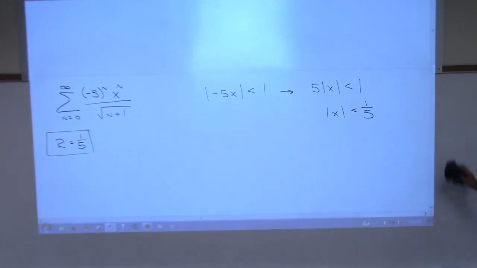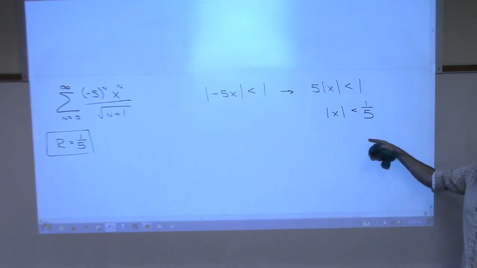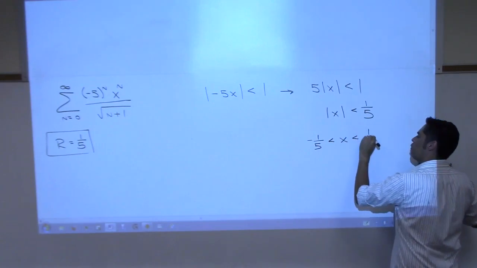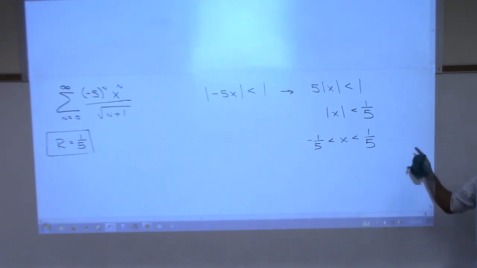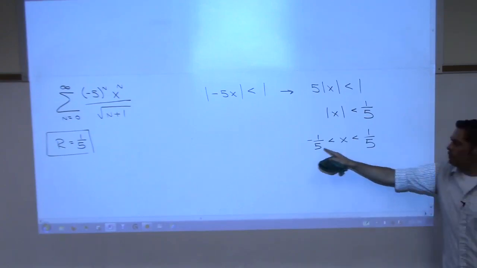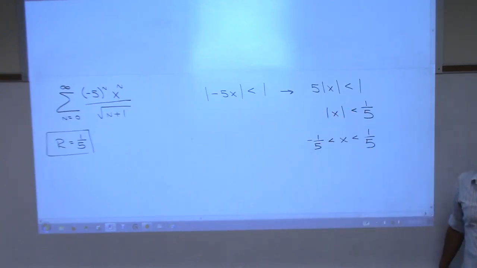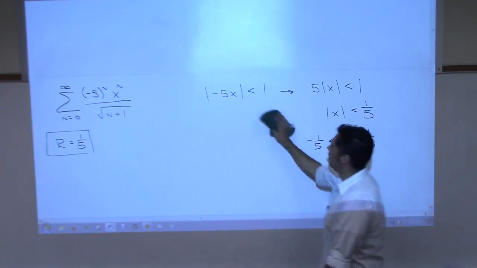So to do the interval, I continue my work, and I rewrite this: negative 1/5 less than x less than 1/5. And now I need to check these two endpoints. I need to check negative 1/5 into that series and 1/5 into that series. They may work. One may work, the other may not. They may both not. It just depends. Every series is a little bit different.